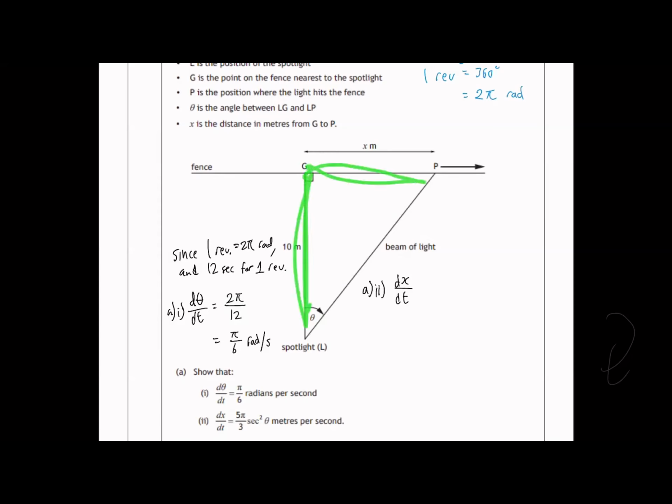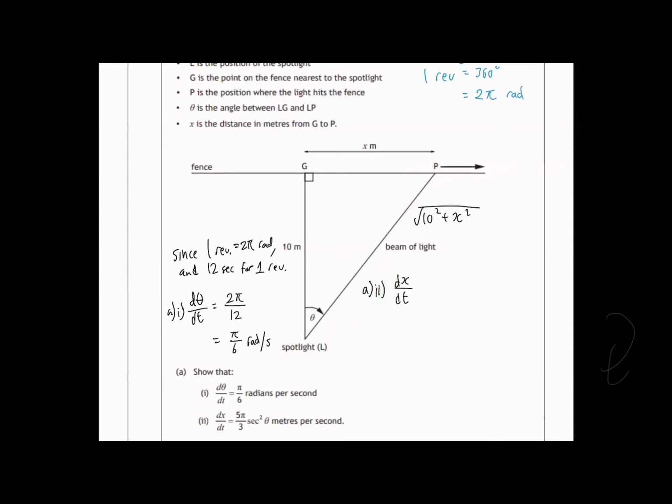We have 10, we have x, but do we have the hypotenuse? We can find it: square root of 100 plus x square.